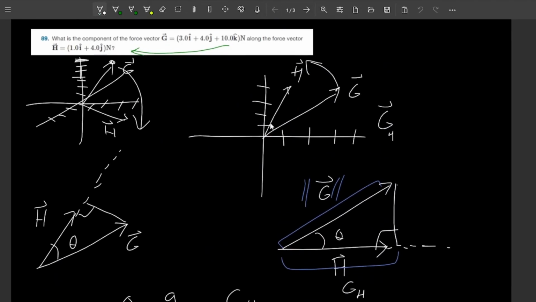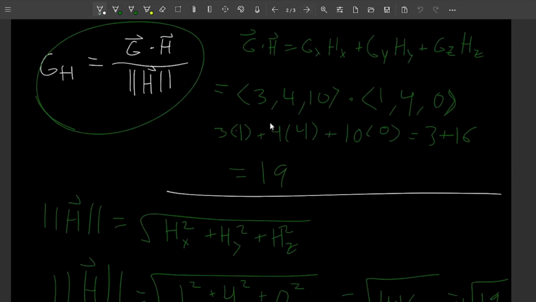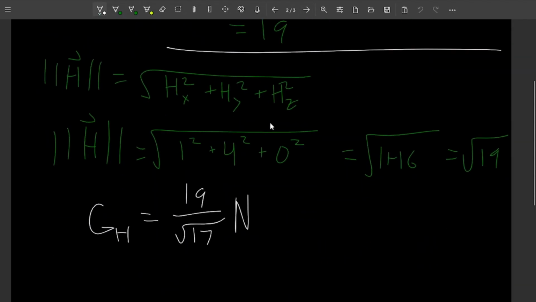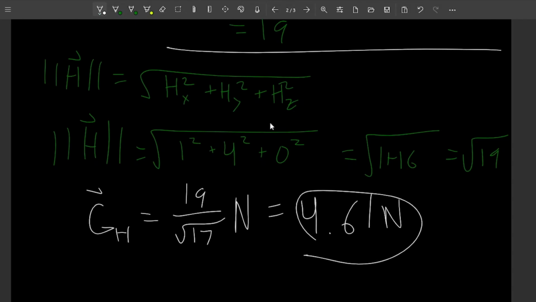Because we're dealing with a force vector, we're asked what is the component of the force vector, which is going to result in another force vector, just the component of it. We get 19 over root 17 newtons, which, plugging this into a calculator, gives us approximately 4.61 newtons. And that's going to be it for this problem.